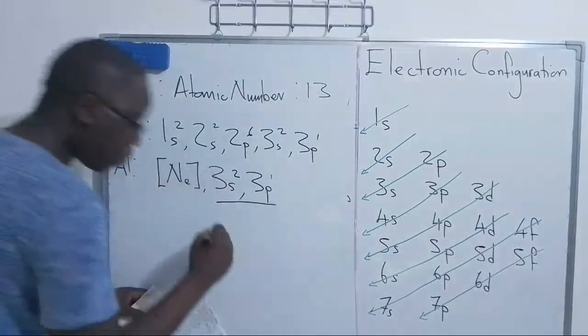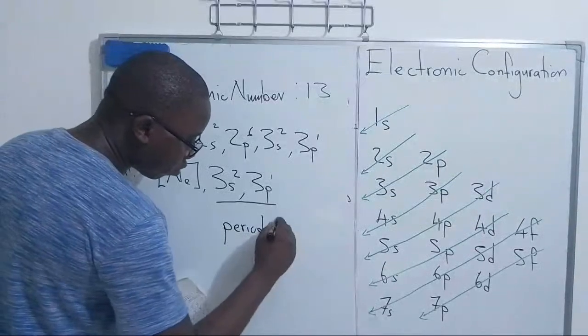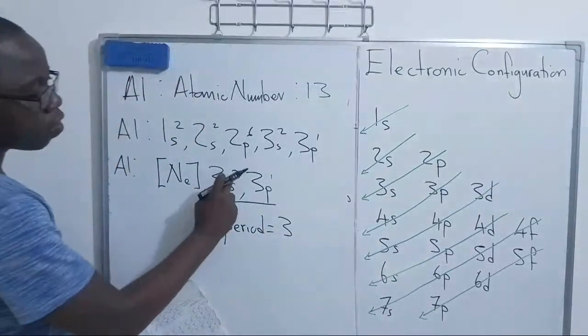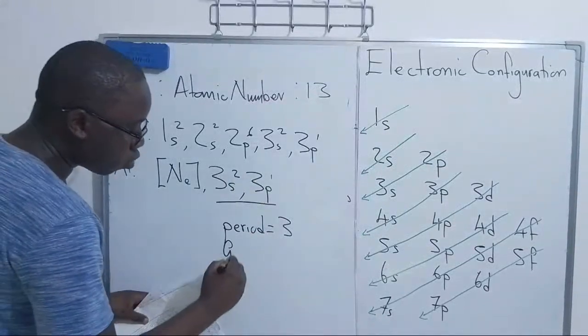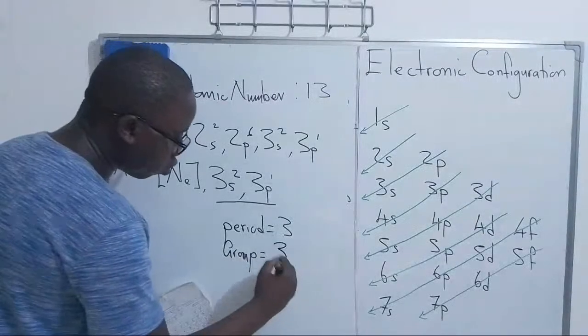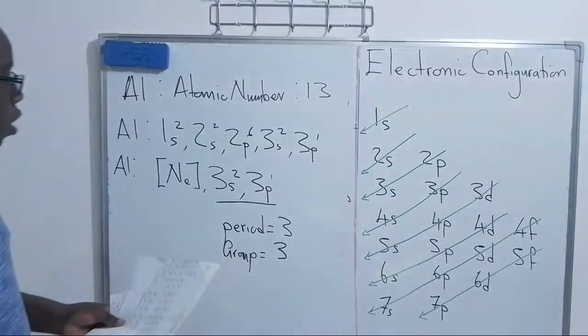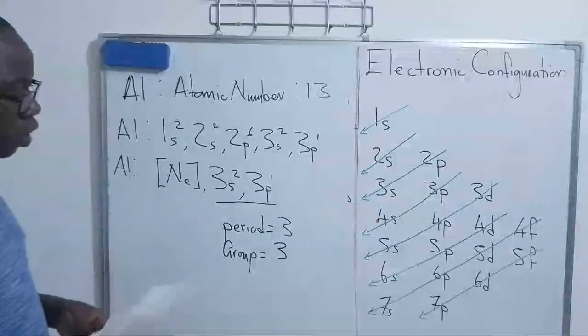So the period is 3. Then these 2 and 1 gives you the group. So the group is 2 plus 1, which is group 3. So it is simply telling you that aluminium is in period 3, group 3.